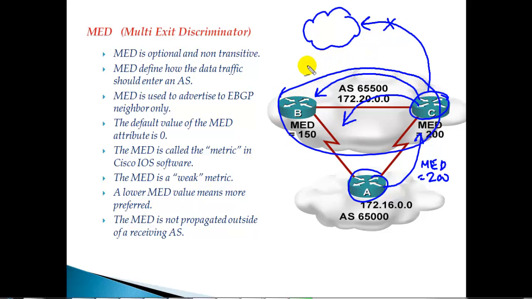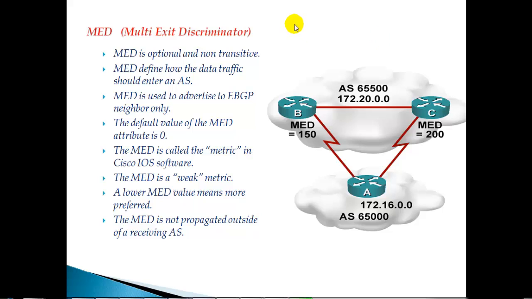So that is a major difference between the AS path attribute and MED. MED is propagated only within the same autonomous system number, whereas AS path information, if you do AS path prepend like we did in our previous scenarios, is going to propagate to all the different autonomous system numbers. So MED and AS path prepend, which we used in our last scenarios, are both generally used for the same purpose.